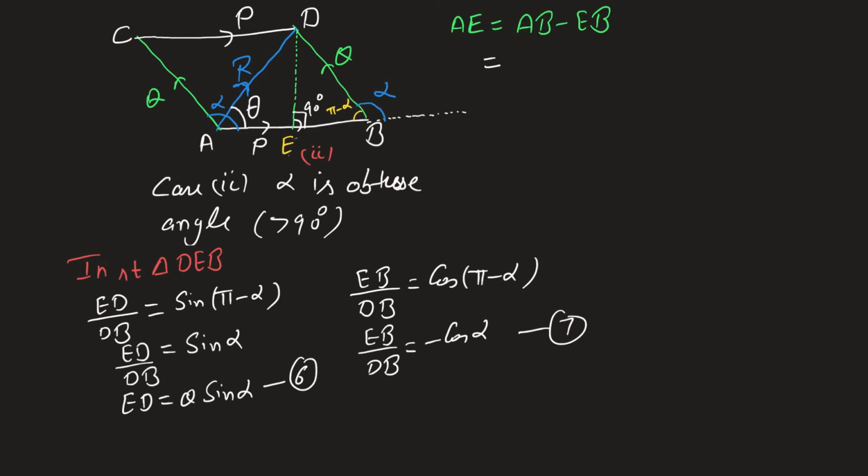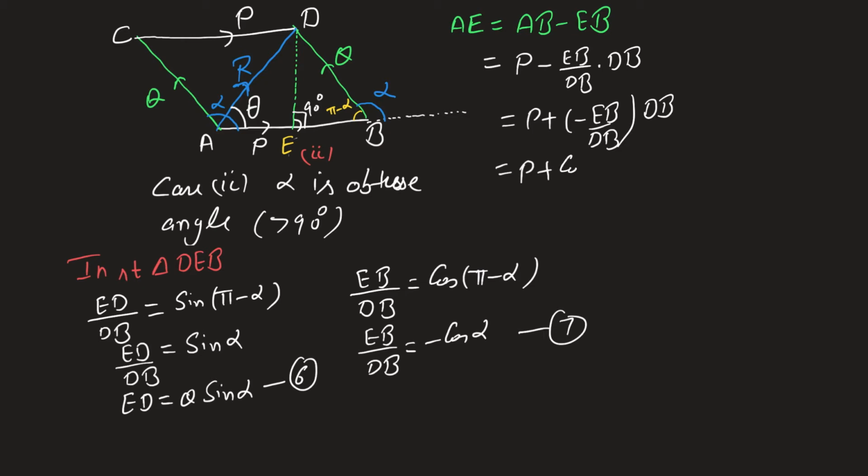So AB is force P, and minus, if I write, you will see EB upon DB. So if I write it over here as EB upon DB into DB, this is equal to P plus EB upon DB into DB, and this minus from here is cos alpha from this equation number 7.